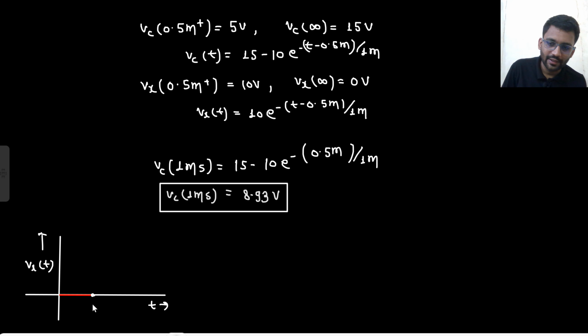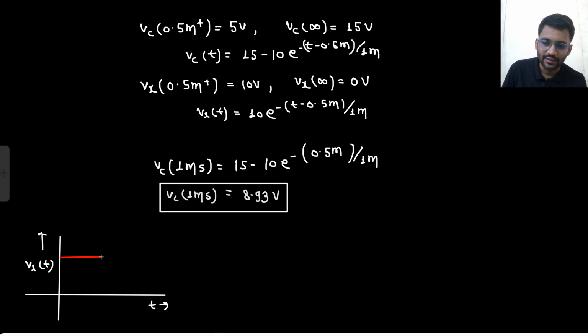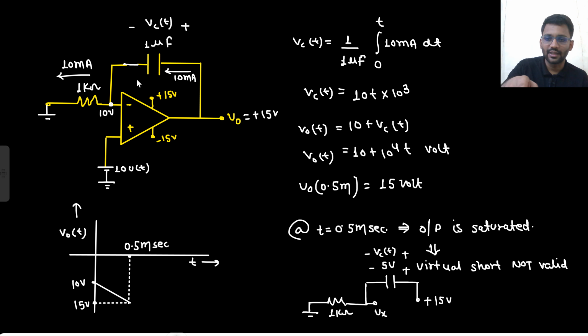Then after 5 milliseconds, the concept of virtual short node was not valid. So the Vx node will rise, and the Vx node was at 10 volt. After this, what happens? The Vx node starts going down.